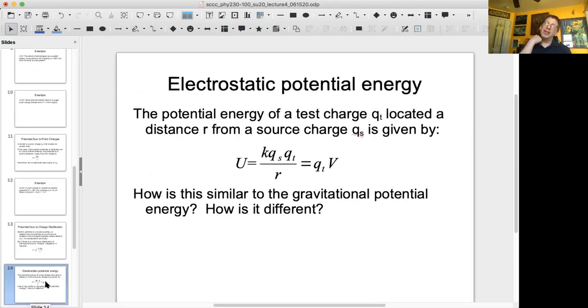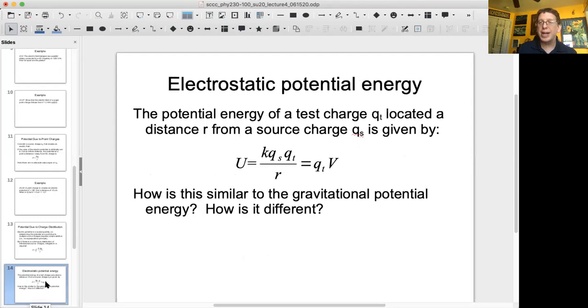So let's move on then from electric potential to electric potential energy. The potential energy of a test charge Q_T located at a distance r from a source charge Q_S is given by U equals k times Q_S times Q_T, the product of the two charges, divided by the distance between them.